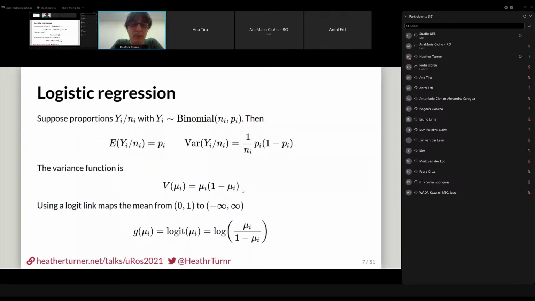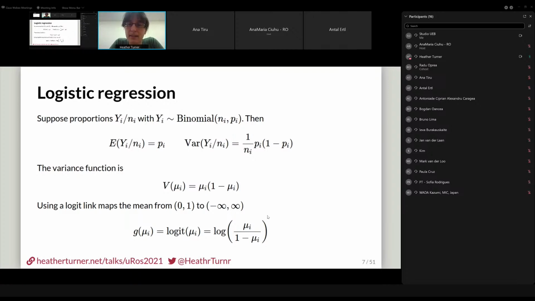The expectation of the proportion and the variance of the proportion just follow directly from the properties of the binomial distribution. So you can see that the expected proportion is pi, the probability that the event happens, and the variance of the proportion is 1 over the number of trials times the probability times 1 minus the probability.